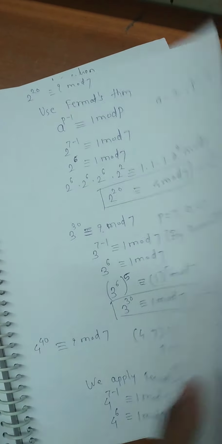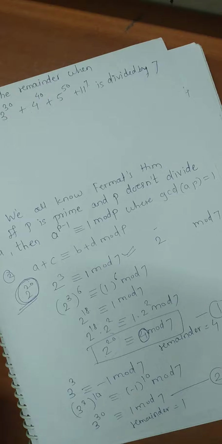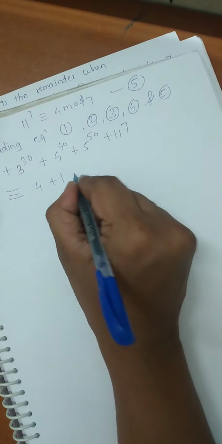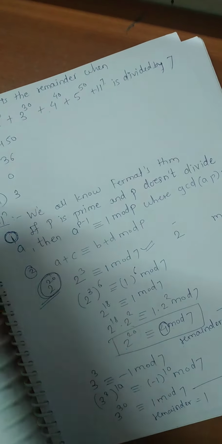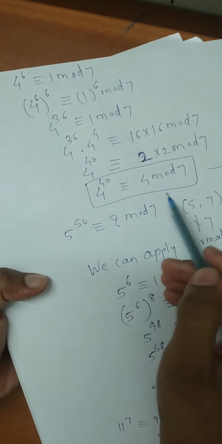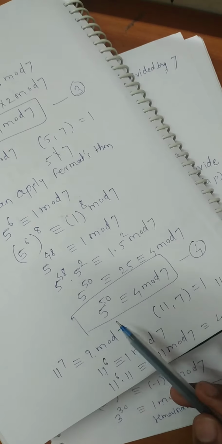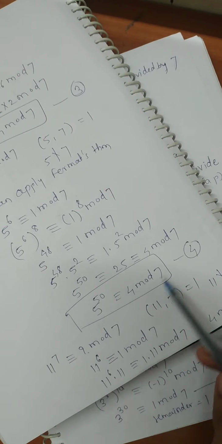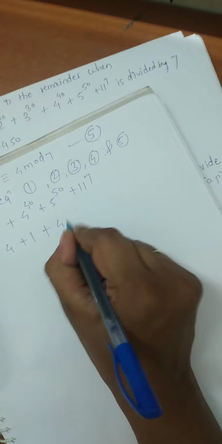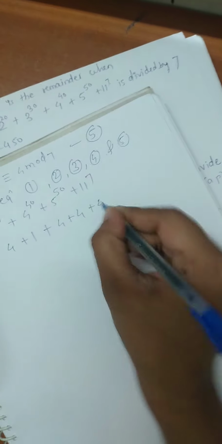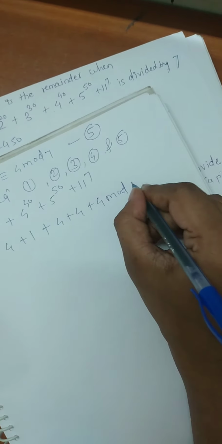Equation 2, here 1. Yes. So 4 plus 1, plus observe equation number 3, 4 to the power 40 is congruent to 4 mod 7, and observe equation number 4, 5 to the power 50 is congruent to 4 mod 7, so 4 and 4, so 4 plus 4 plus 4 modulo 7.